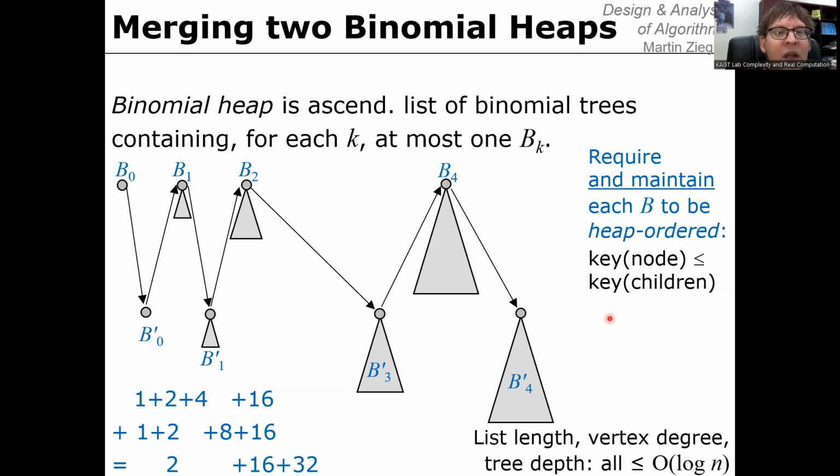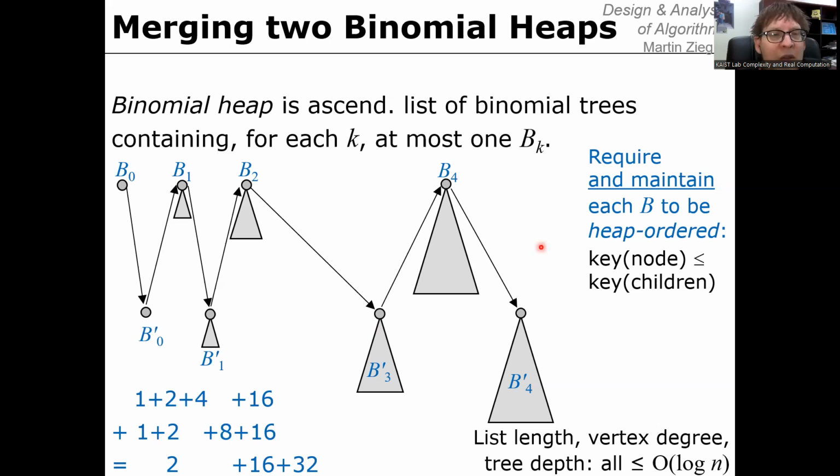Because now there can be various binomial trees of the same order. So for example, here, these two have the same order, or these two have the same order. So after combining the two lists, we obtain one final list, but a list which may violate the binomial heap property of being strictly ascending.